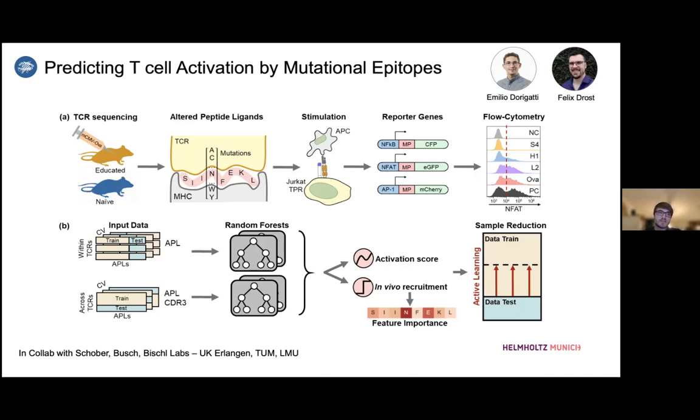Based on that, we trained a random forest model to do two tasks. One, to predict within a T-cell receptor the activation score, and a classification of whether this T-cell is activated and can be recruited to the tissue.